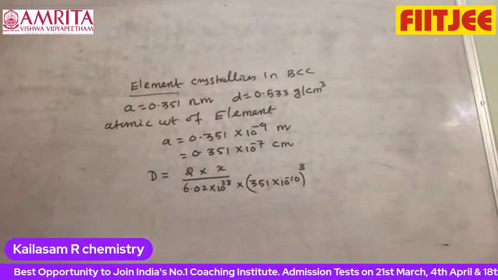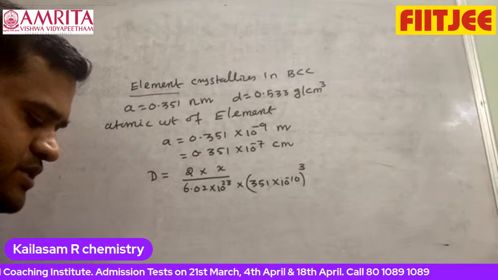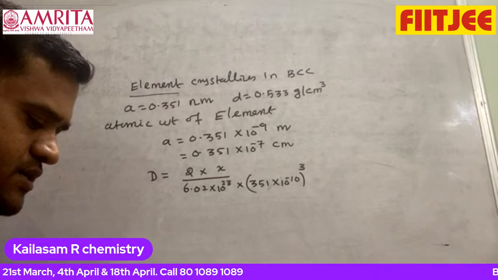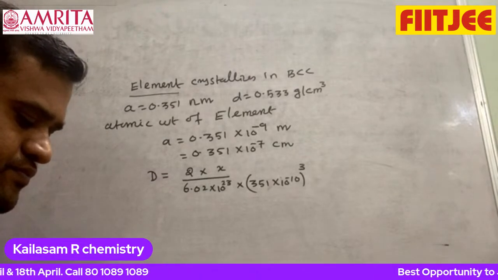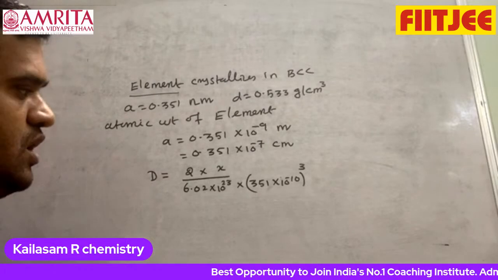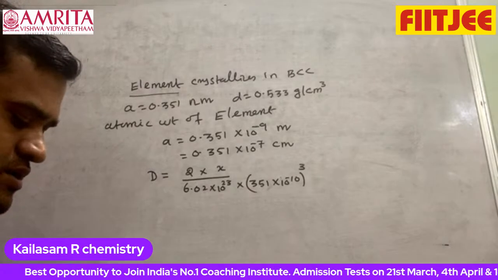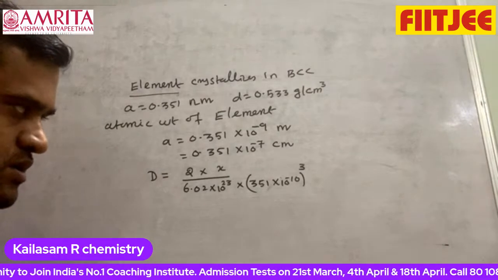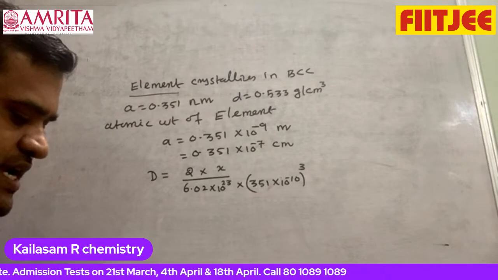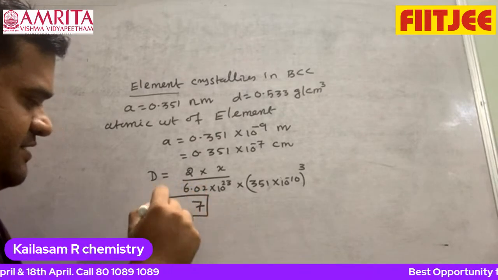I will do it using the calculator. 6.02 into 10 power 23 into 0.351 cube into 0.533 divided by 2, I get approximately 6.9. That means approximately 7 is the answer. Lithium is the answer.